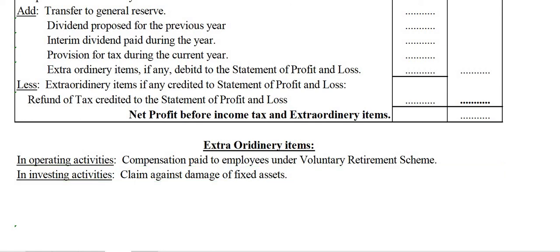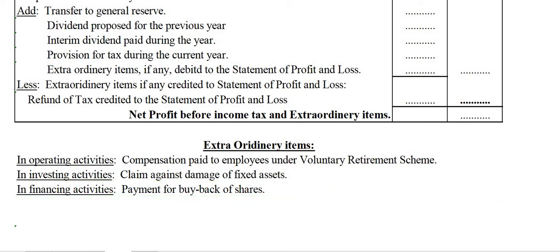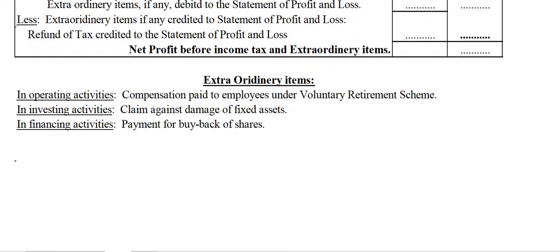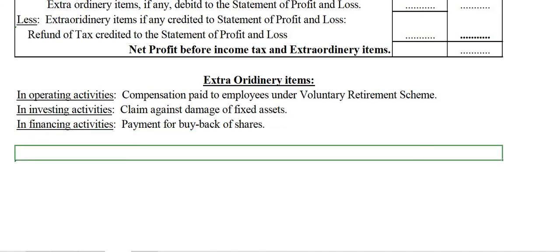We have told that if insurance premium is there, so insurance claim we can make if the asset gets damaged. That amount can be mentioned. Like that in financing activity we have payment of buyback shares. That is an extraordinary item, not regular activity. Okay. So these are the examples of extraordinary items.